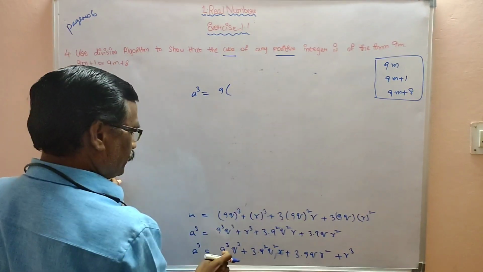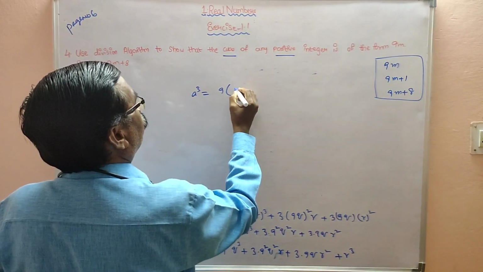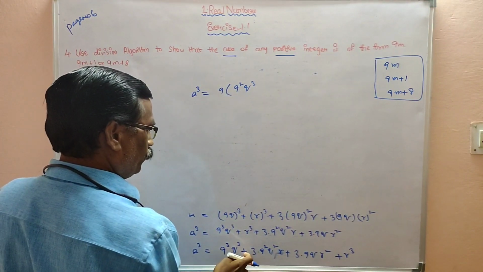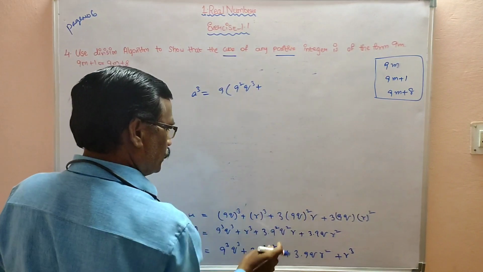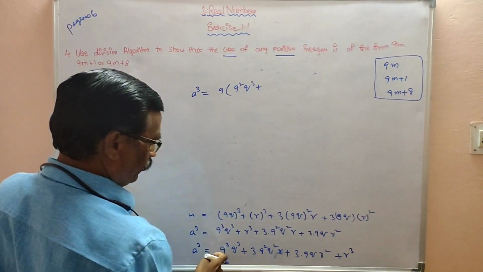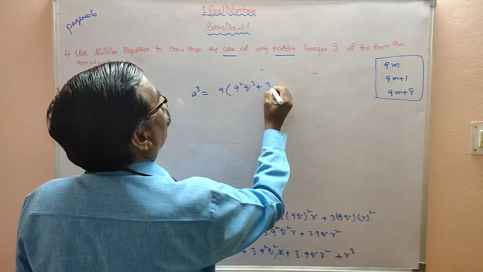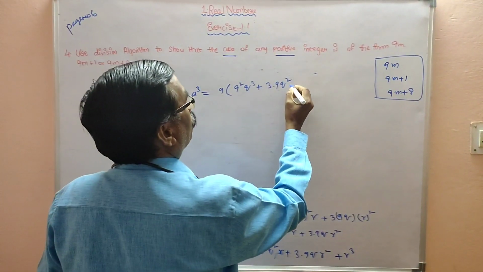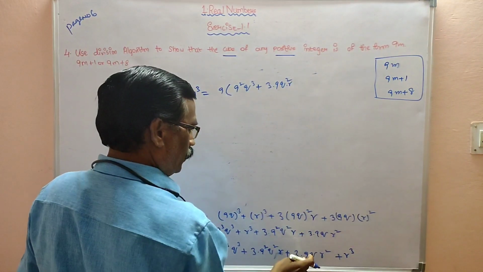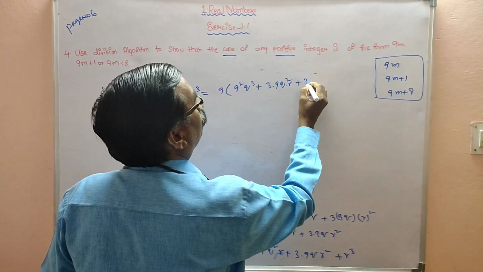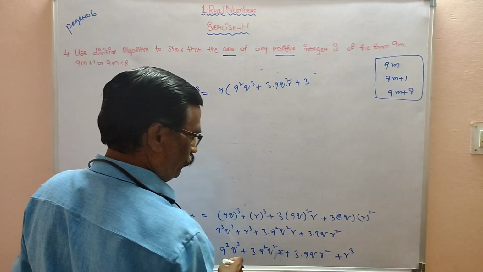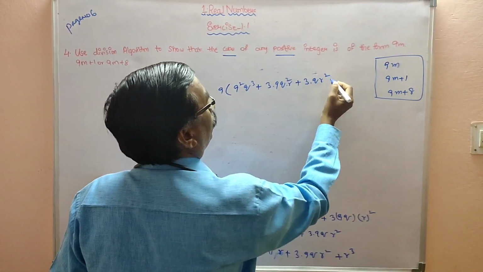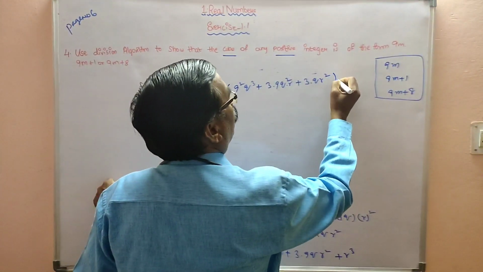So what will come? 9 square cube plus 3·9 q square into r, plus 3 q r square plus r cube.